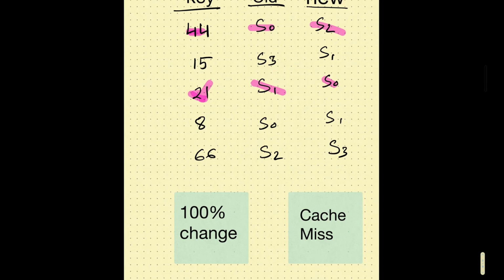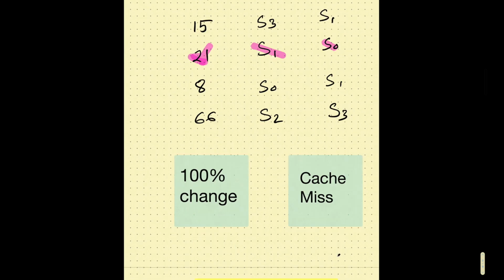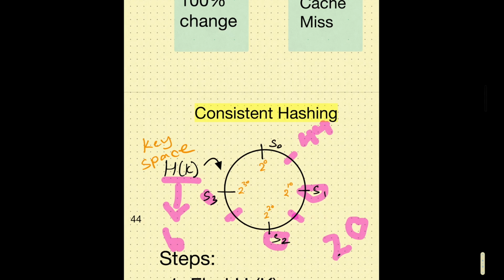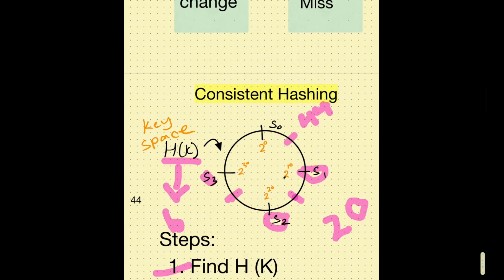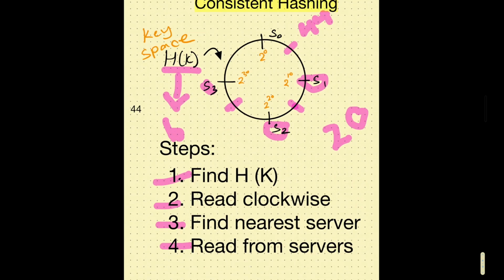So all the mappings were changing and all of them were giving a cache miss. But just by arranging the key space in a circular manner and then going through the 4 steps over here, we are making sure that not 100% of the incoming requests are going to give you a cache miss, just like you saw with this example.